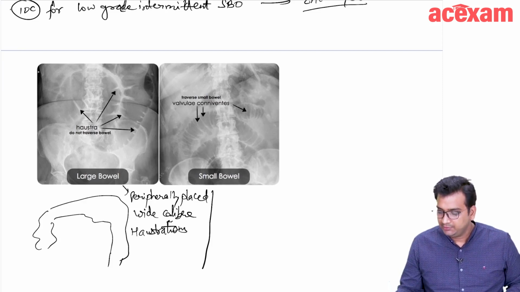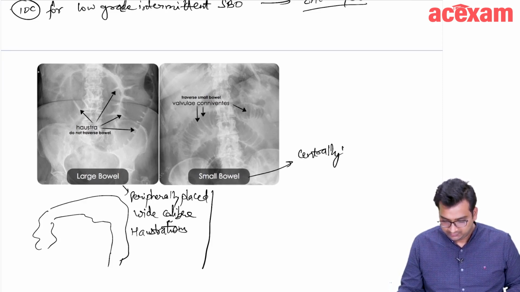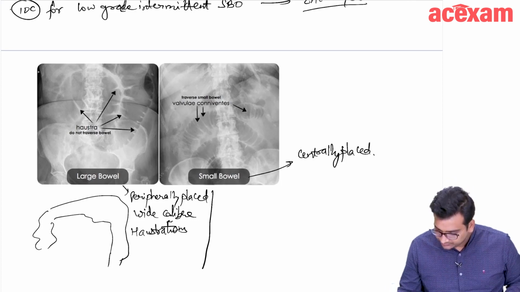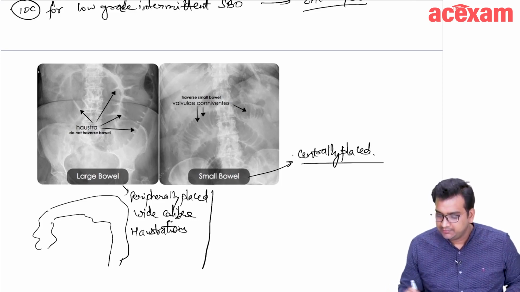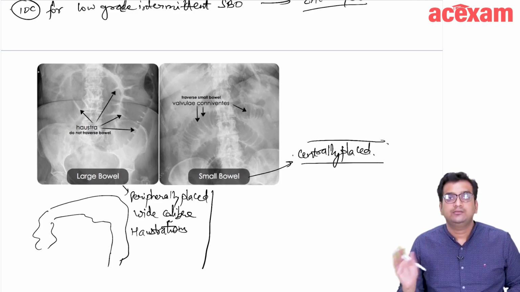Whereas if the bowel loops are centrally placed, then they are small bowel obstruction.